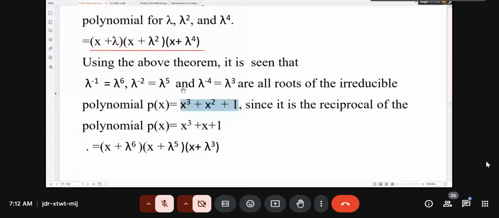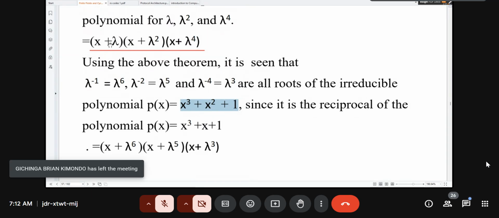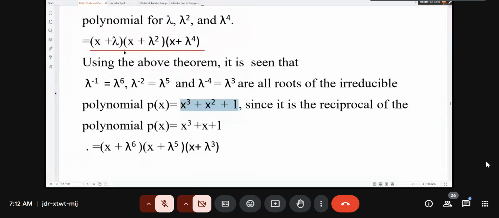Ideally, we are trying to look for the minimal polynomials of each element of the field. But we find that elements of the field share minimal polynomials with their conjugates.